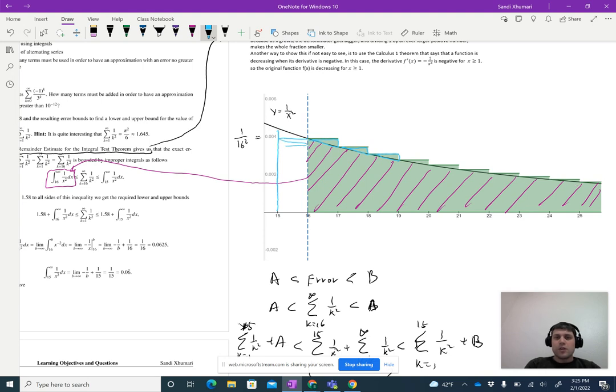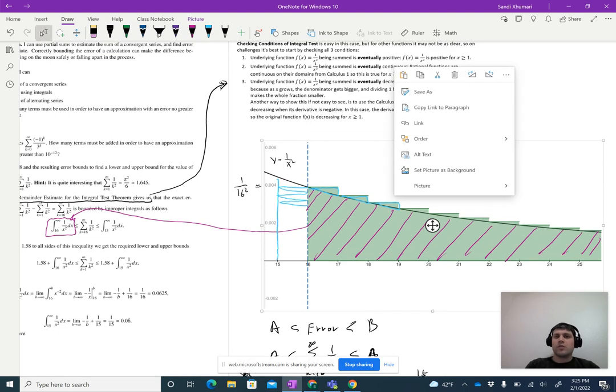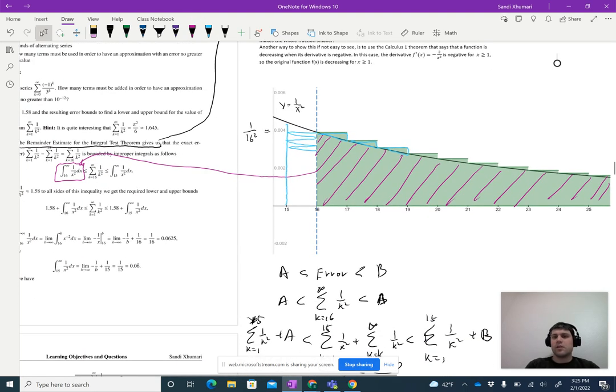Because 1 over x squared is decreasing, which is one of the properties that must be true in order for the integral test to be applicable, we can think of sliding all those in here, and all those blue error areas just fill in this little portion of the area under this graph from 15 to 16.